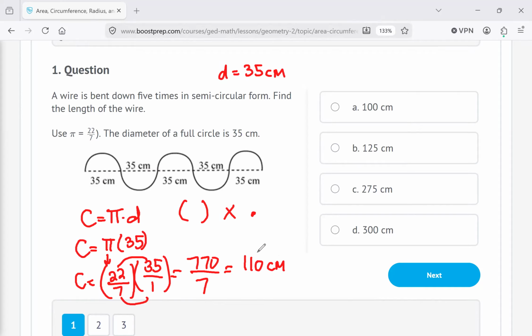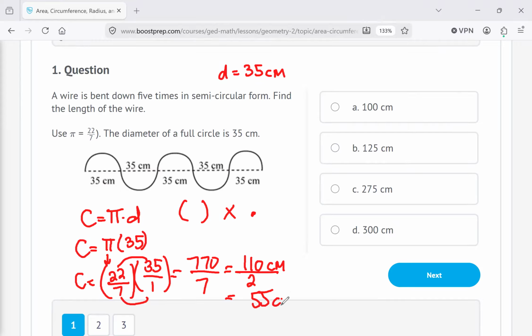There are 5 semicircles, so now we have to find the length of the wire. This is a full circle, and we want a semicircle. So what's 110 divided by 2? 55.